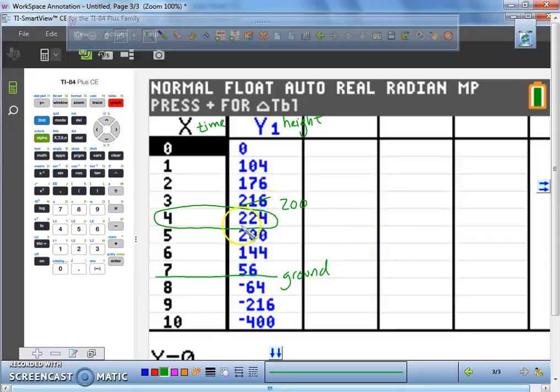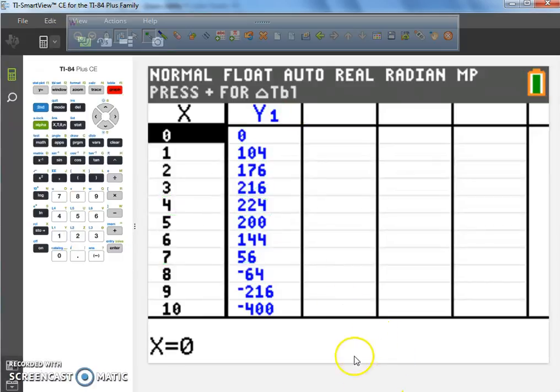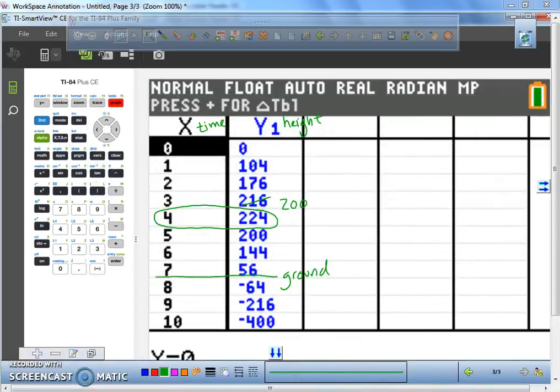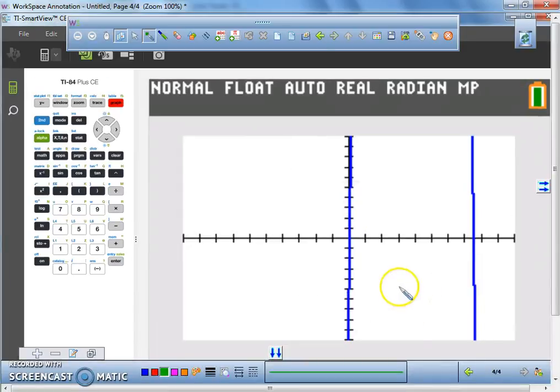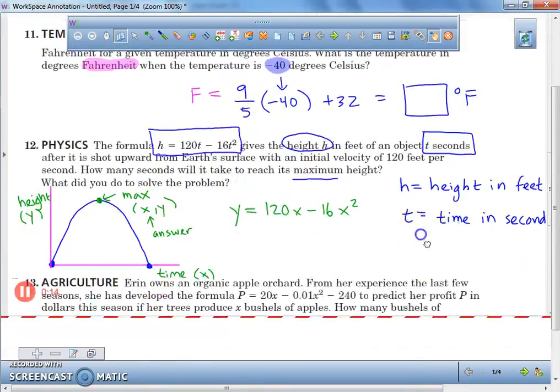So this is not the maximum height, but would you agree we're getting up really, really high? How high does our graphing calculator, if I hit graph, what's my height right here? 10. So I can't see it, can I? So here's what I want us to do on our paper. Okay? Right here, on the paper, I want you to look at our little drawing.